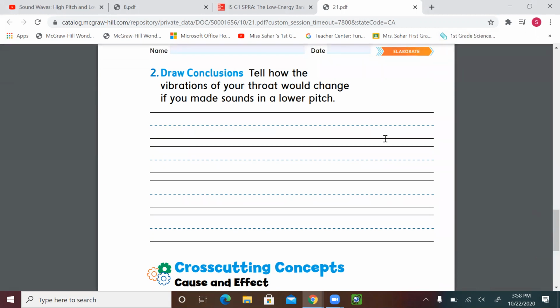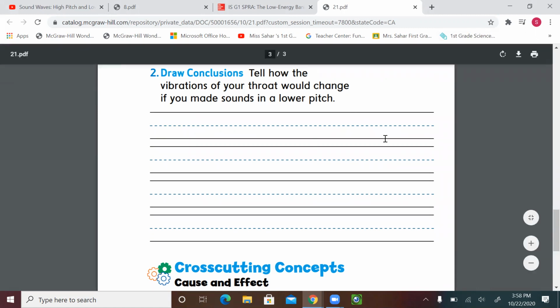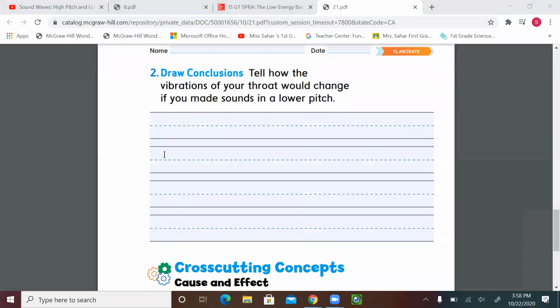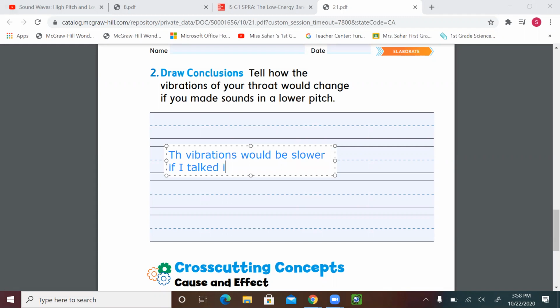This is what we just put on our table. All right, so the vibration would be slower if I talked in a lower pitch, right?